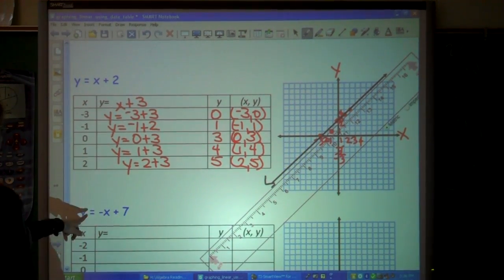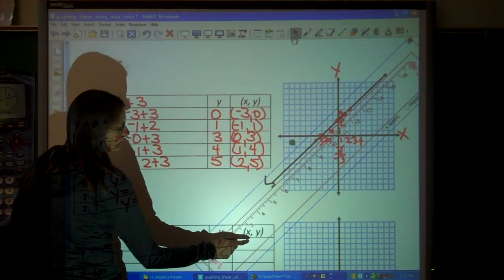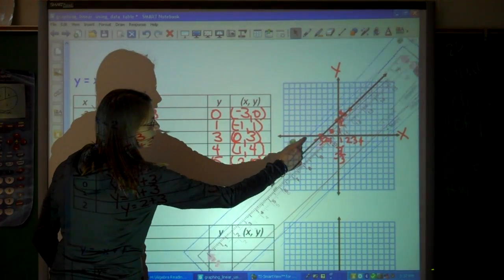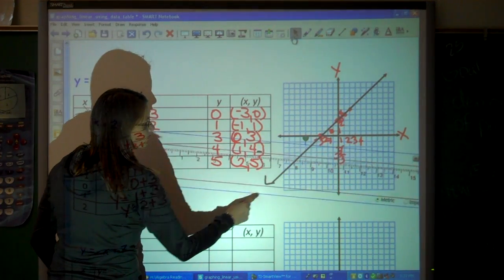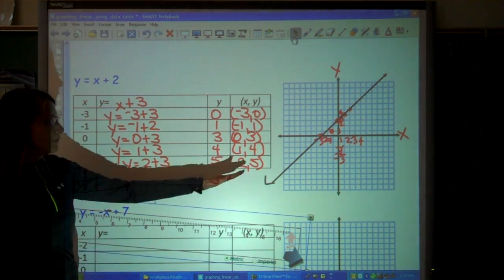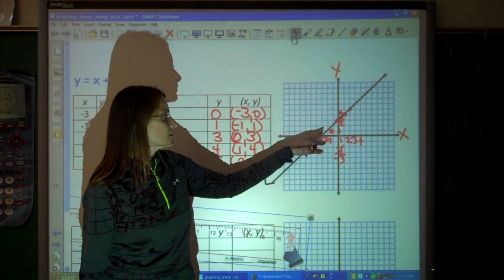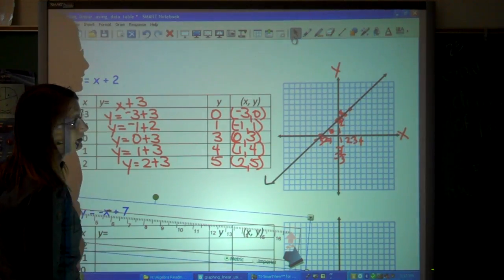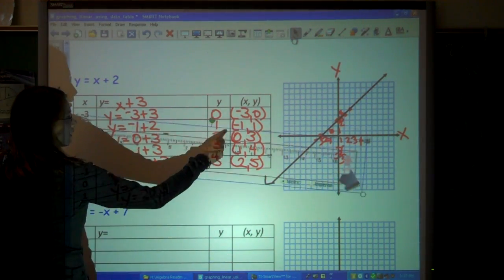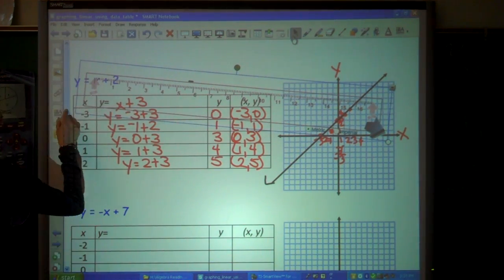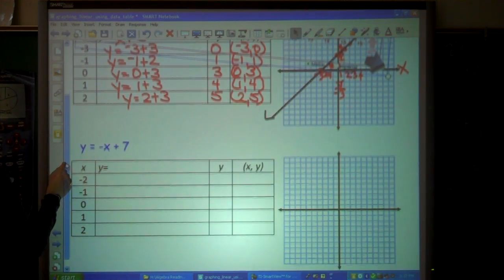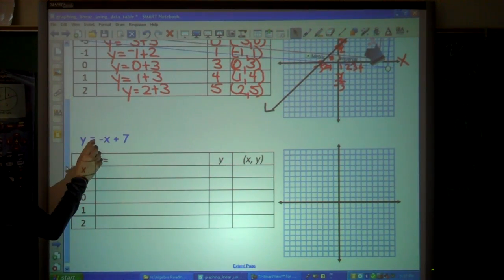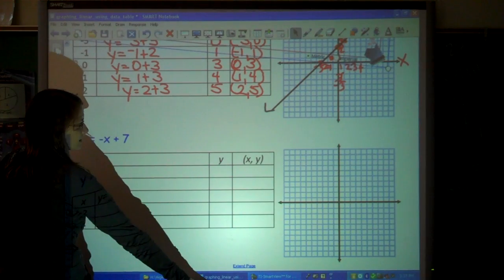Now I'm going to step down here to my next equation. This is a linear equation because when I remove the ruler, these points have made a straight line. So I'm going to slide my ruler down here. For this equation, it says y equals negative x plus 7.